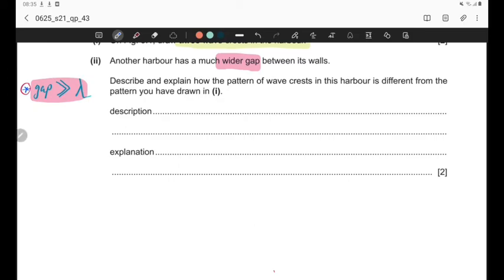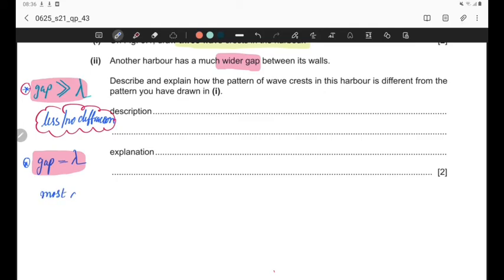In this case, the amount of diffraction will be very little, or there won't be any diffraction. Next possible case is when the gap width is equal to the wavelength of the wave. Then the most diffraction will occur in this condition.